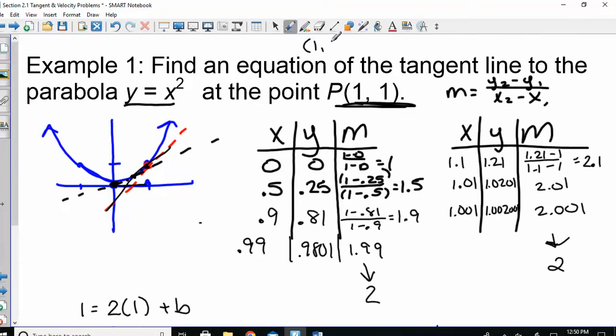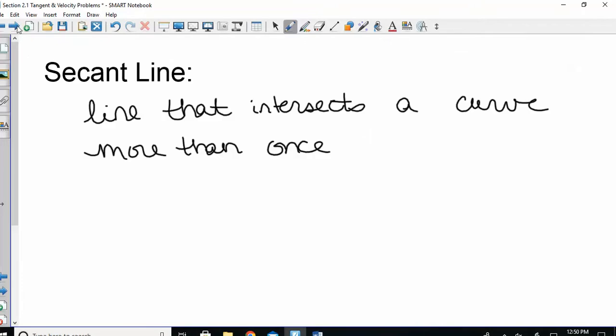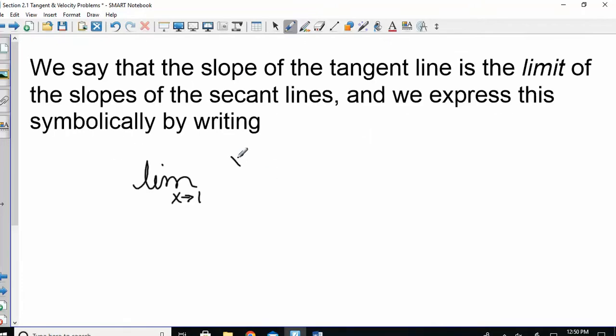Our slope is taking the point (1, 1) and this other point (x, ?). How did we get the y value here? It was x squared. So the formula for your slope here was x squared minus 1 over x minus 1.